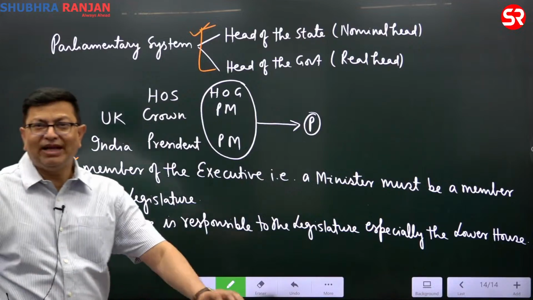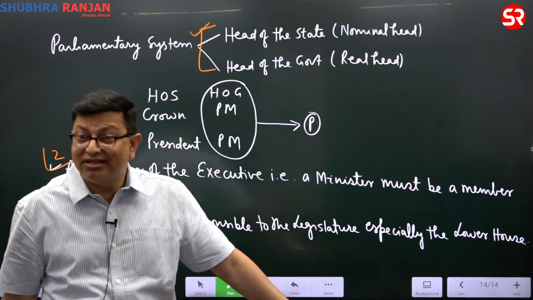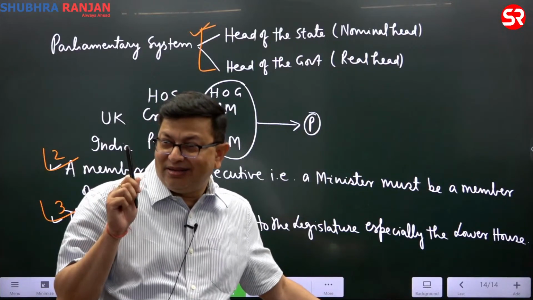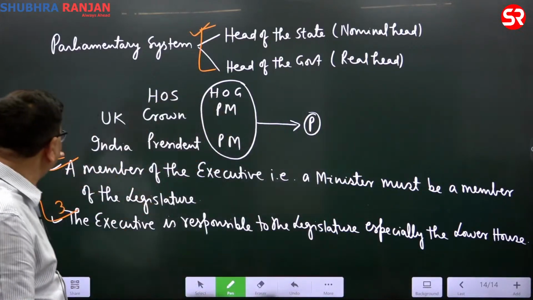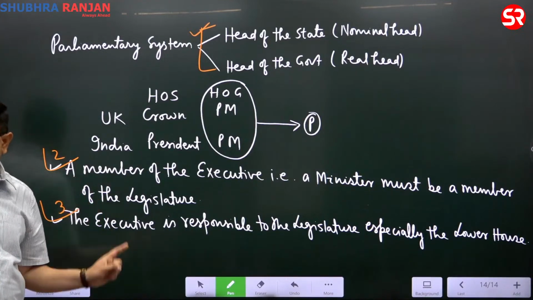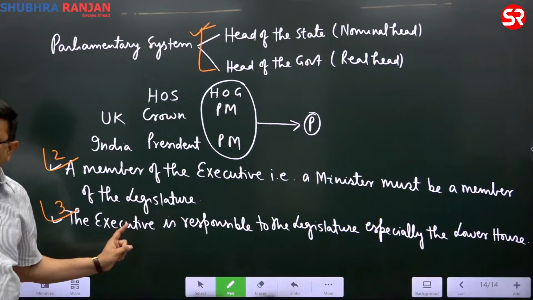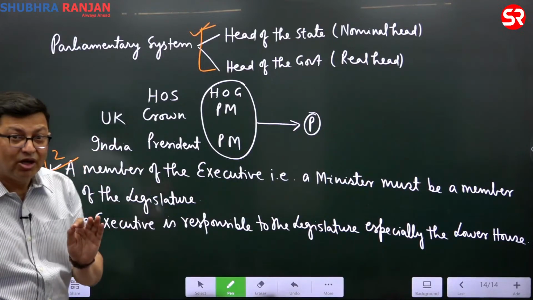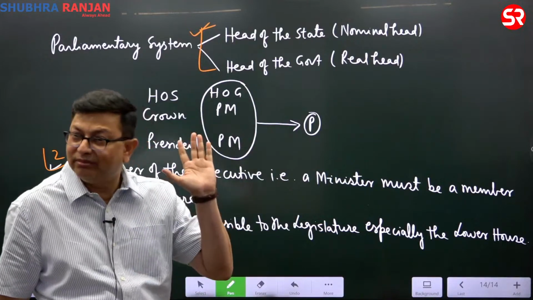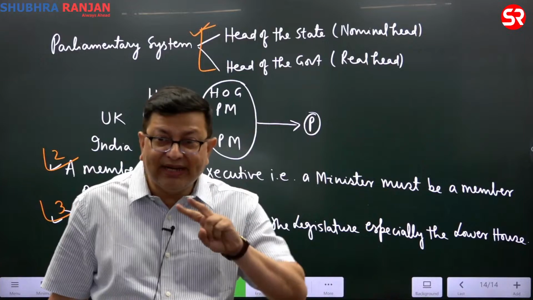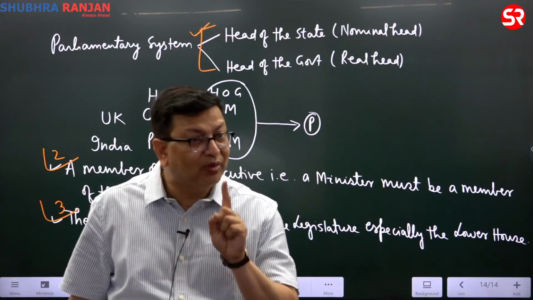UPSC is very fond of asking questions on the parliamentary system. And these 3 points that I have highlighted, not a single statement will be asked from outside them. These are the 3 aspects of the parliamentary system. If you read only this much and go, UPSC every alternate year asks questions.